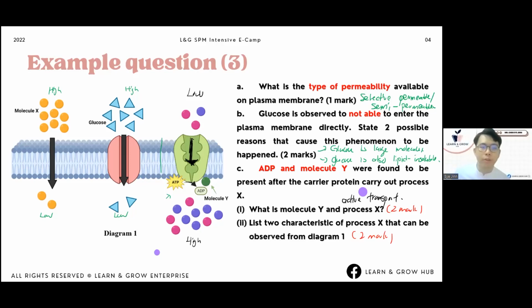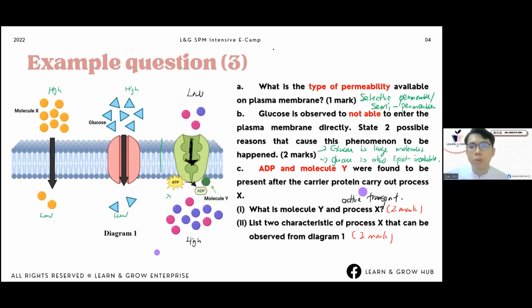How about molecule Y? We know that ATP becomes ADP plus something. This is knowledge we need to learn from another chapter. But SPM never asks a question standalone; normally, like the UEC from FUMU or Chinese high school, the question is mostly a combined chapter question.